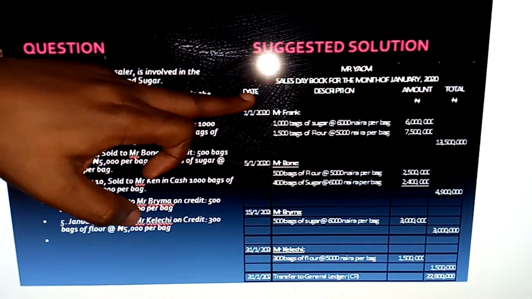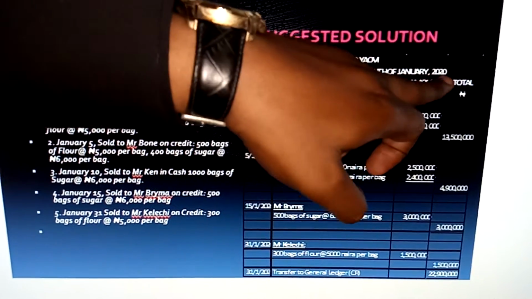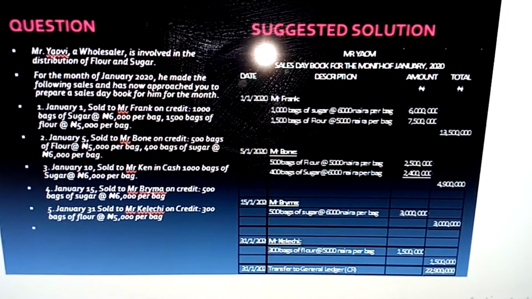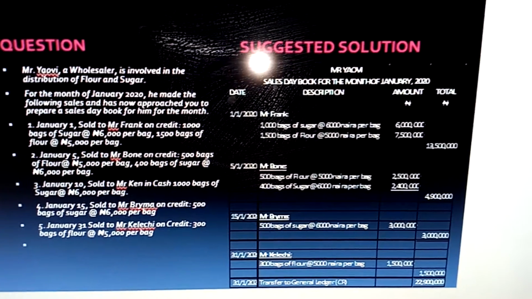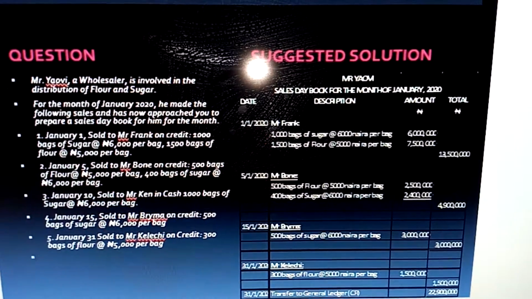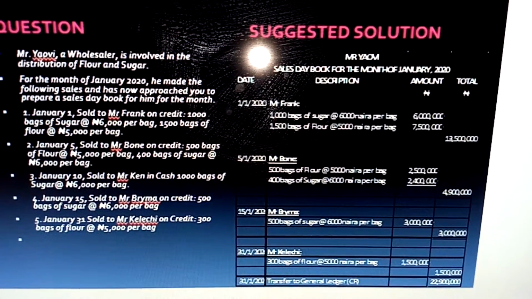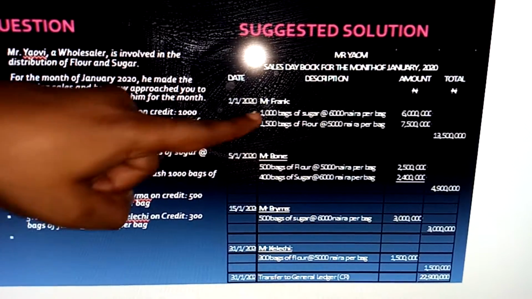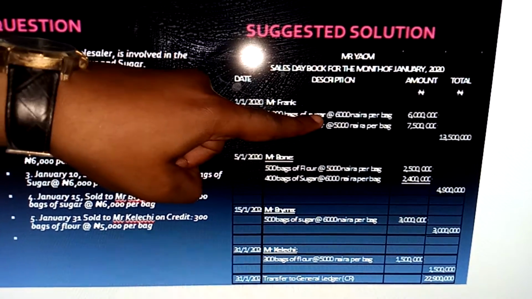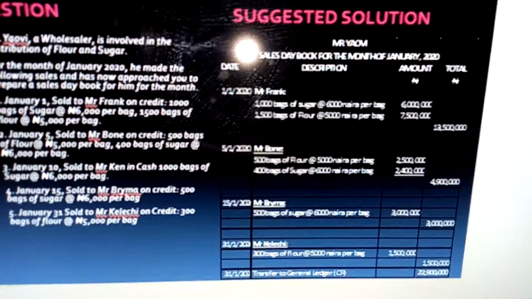We want to know the date of transaction, the description of the transaction, and the amount of the transaction. Now, on the 1st of January 2020, he sold to Mr. Frank on credit. Now, what are the things he sold? He sold 1,000 bags of sugar at 6,000 naira per bag.